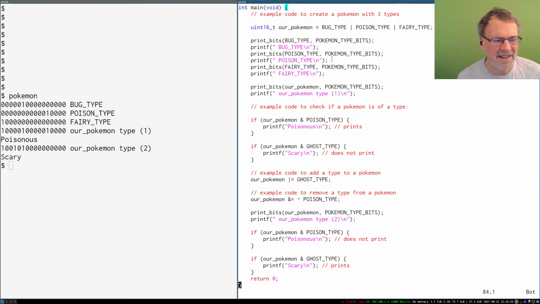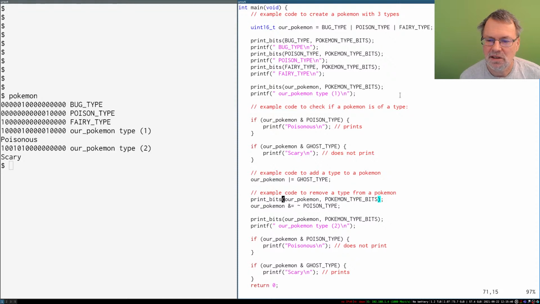You're saying, Andrew, I don't understand that. Well, what I'd encourage you to do, I've said this, but let me show you: seeing is believing. If you want to understand this, get these programs and run them and change them. So if I want to know what poison type looks like, I want to know what not poison type looks like.